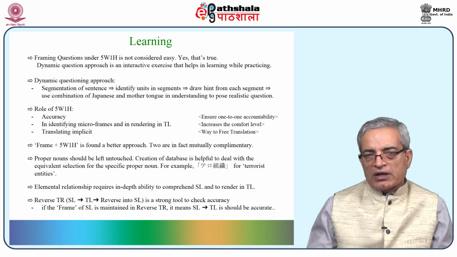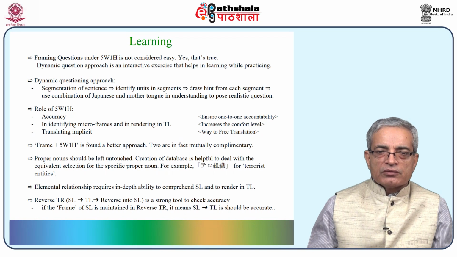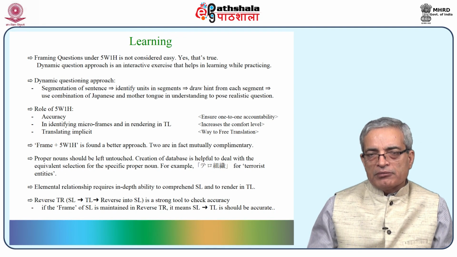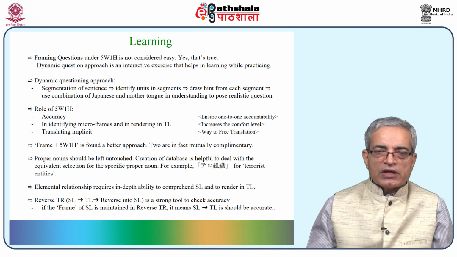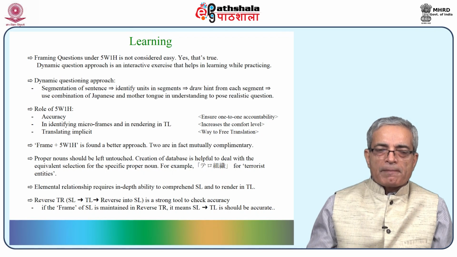For the specific proper noun, for example, tero soshiki for terrorist entities. Then elemental relationship requires in-depth ability to comprehend the source language and to render that particular component or segment in the target language.